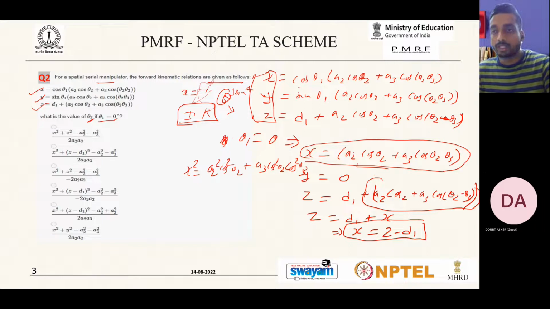Plus we'll get the cross term, 2 a2 a3 cos square theta 2 cos theta 3.